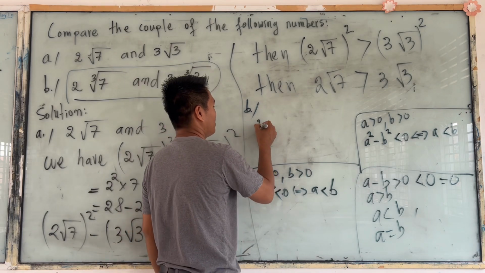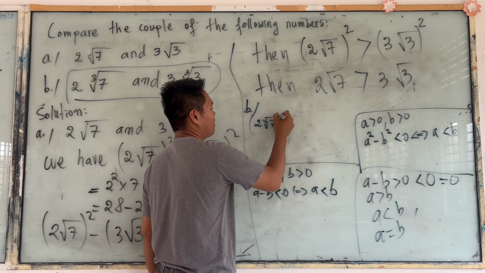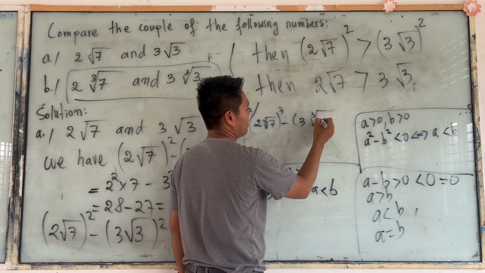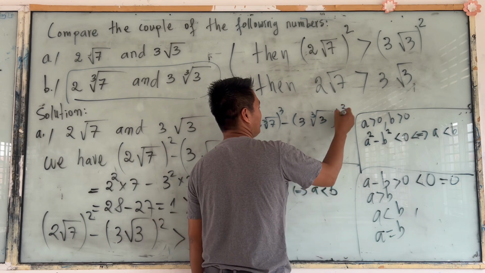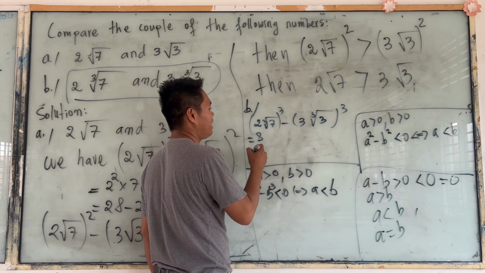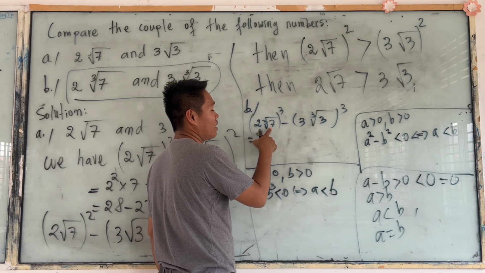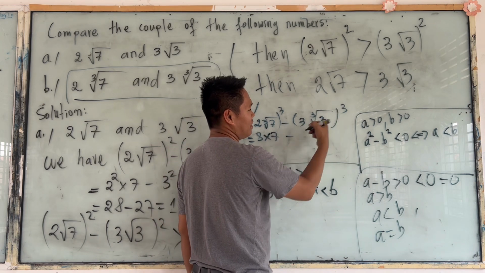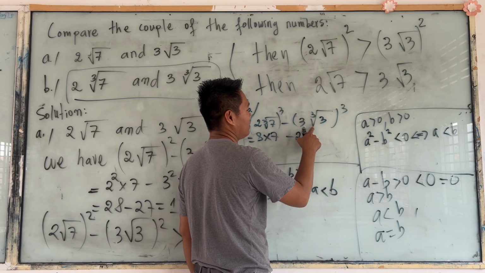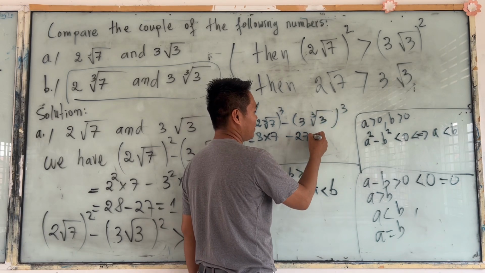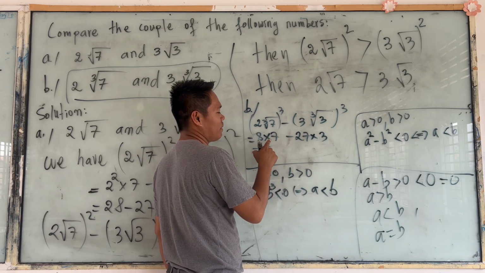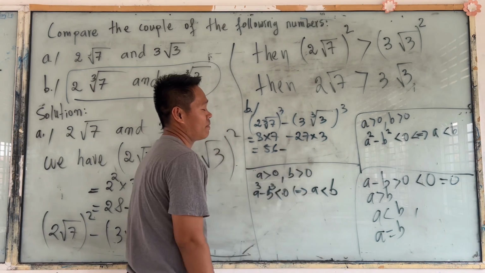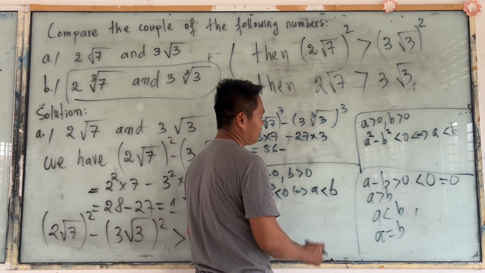So you can say 2 times the cubic root of 7, power 3, minus 3 times the cubic root of 3, power 3. 2 power 3 gives 8, and the cubic root of 7 power 3 gives 7. 3 power 3 gives 27, and the cubic root of 3 power 3 gives 3. So 8 multiplied by 7, and 27 multiplied by 3, you get what?